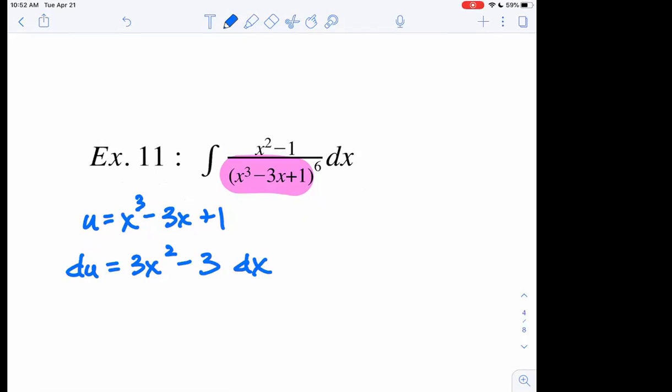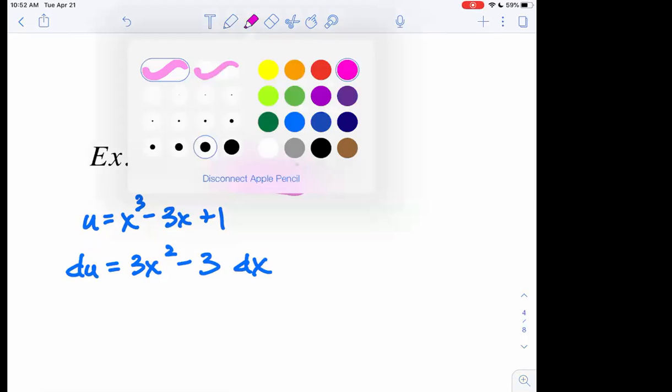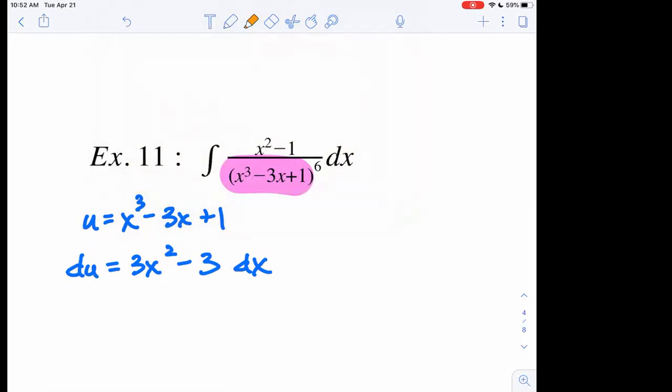Well, let's look back at our problem. What are we trying to match? We're trying to match x squared minus 1 dx. But I don't have that. I don't have x squared minus 1 dx. Couldn't you divide out the 3 on both sides? Awesome. That's exactly what we're going to do.